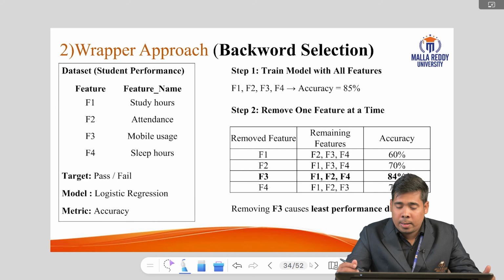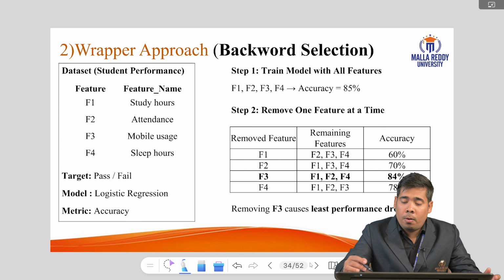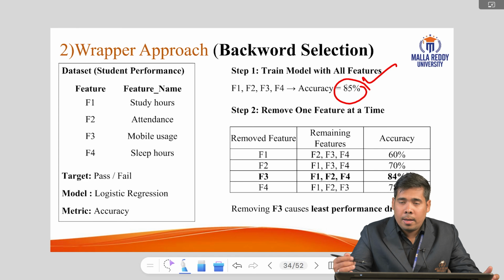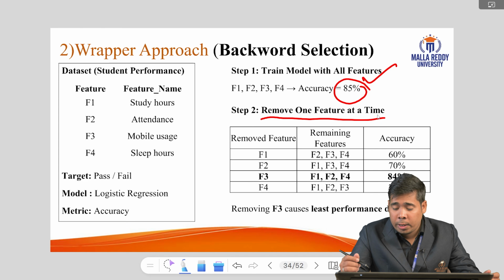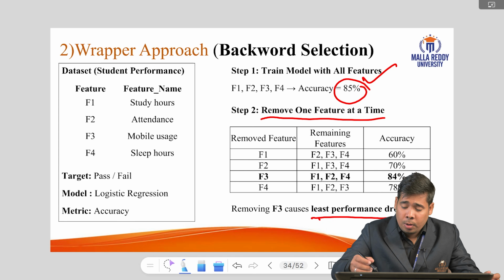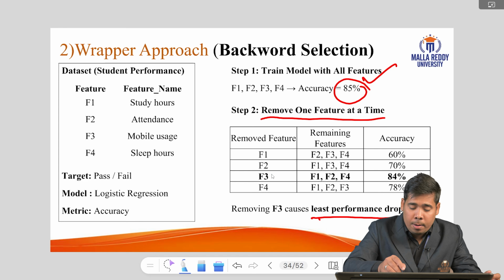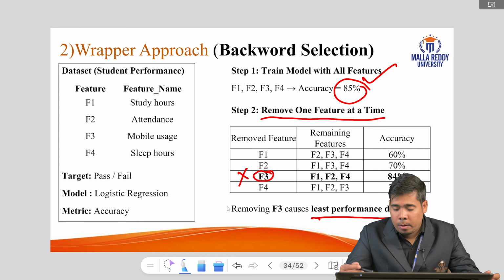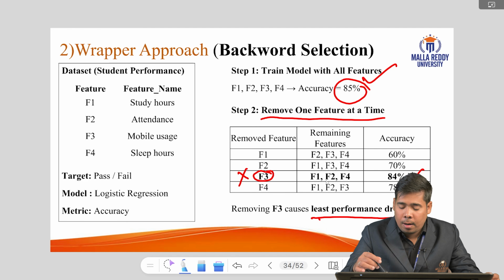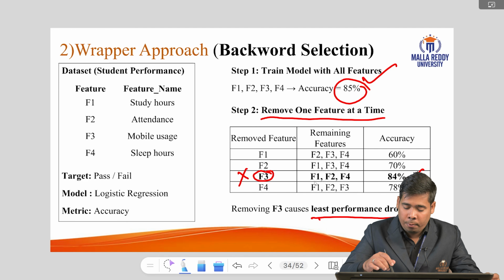In the same way, backward selection will train the model with all the features, and we get 85% accuracy. In step 2, we'll remove one feature at a time and find out which removal causes the least drop in performance. As you can see here, if I remove feature F3, our performance drops by only 1%, so the subset of features at this stage is F1, F2 and F4.